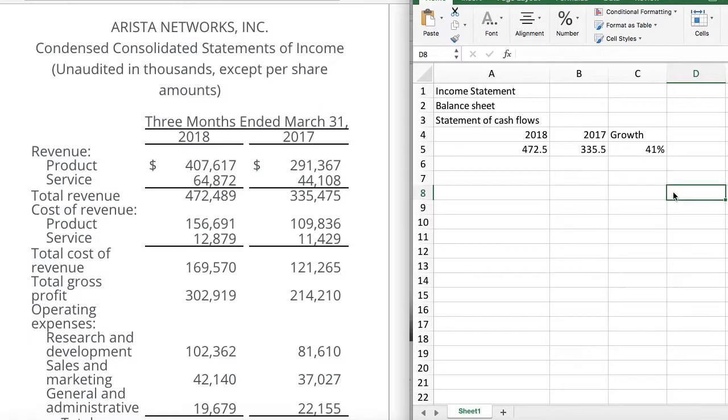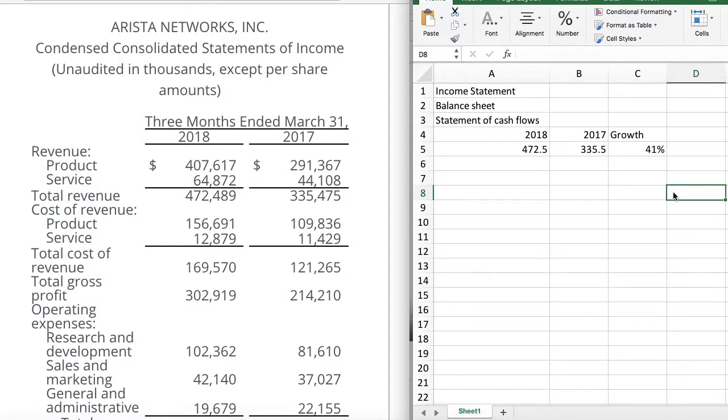Without any frame of reference, you can't really tell if that's good or bad. But if you've been looking at companies in the same industry as Arista, or even the same sector, technology, you can really tell that 41% is a great number. Investing is really about looking at a bunch of different things, comparing, and seeing the patterns.